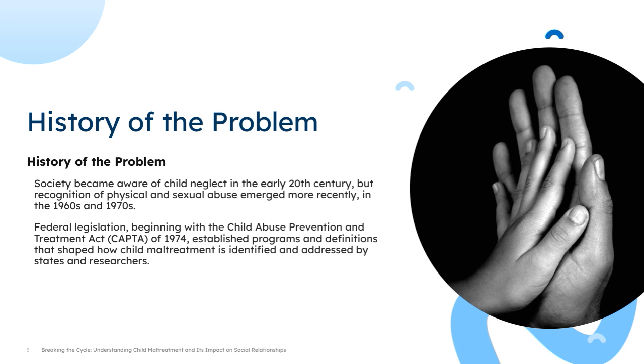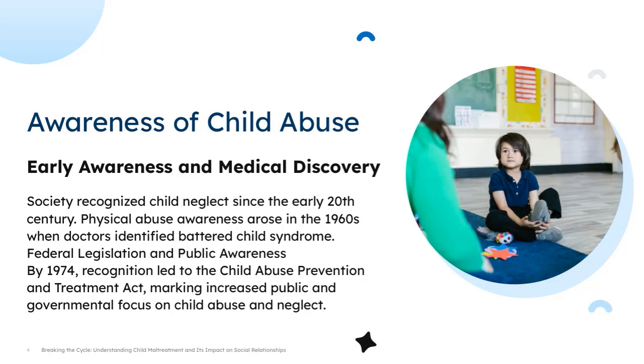The image here, showing a gentle connection between an adult and a child, reminds us why this work is so vital. Child neglect has been recognized by society since the early 20th century, but it wasn't until the 1960s that physical abuse gained widespread attention, largely due to doctors identifying battered child syndrome. This medical discovery was a turning point in how child abuse was understood.